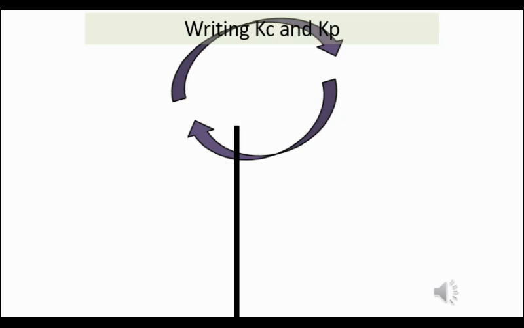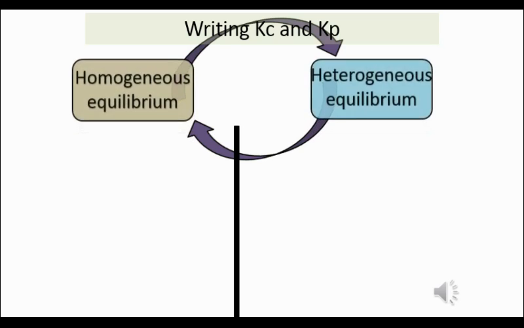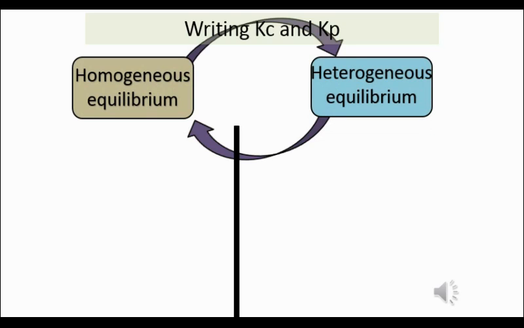Okay, let's go to the next part, the second part of objective 6.2: how to write the equilibrium constant in the form of concentration, Kc, and the equilibrium constant in the form of partial pressure, Kp.